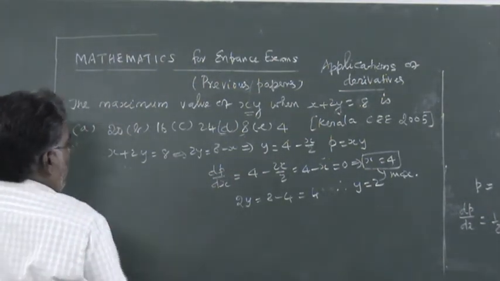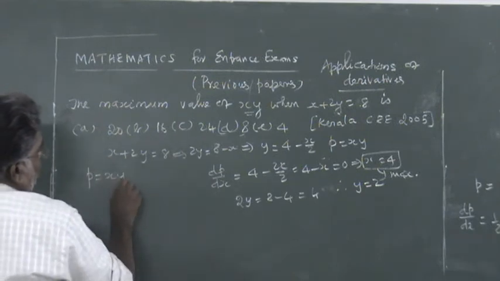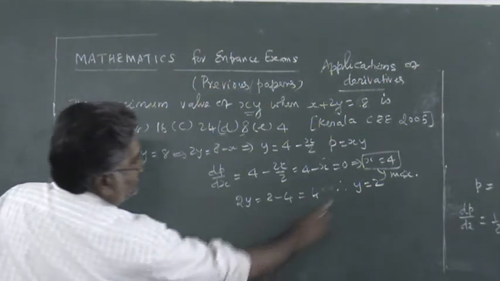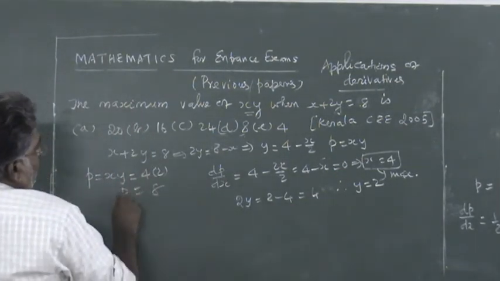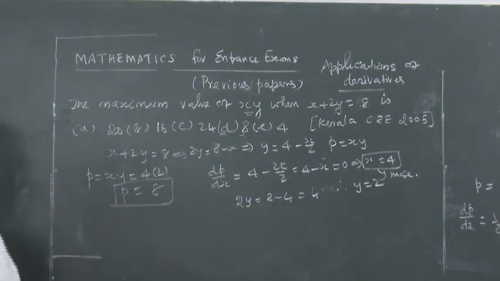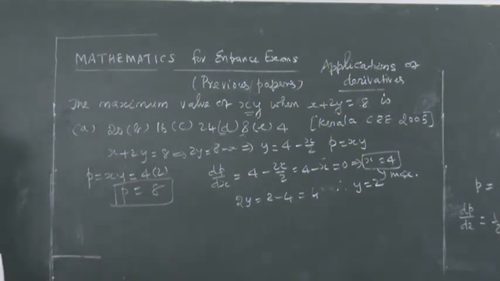So xy is what? That's the question. What is the maximum value of xy? So P, which is xy, is equal to 4 times 2, so 8. So the maximum value of xy is 8.